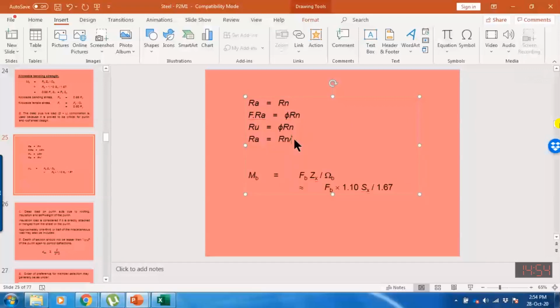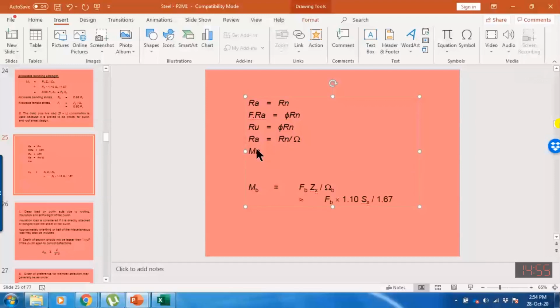Omega is a constant factor, so we are using this equation. I told you that in the case of R, there may be tension, compression, or bending moment. So the applied bending moment may be MA. MA means service, which is due to the applied load.